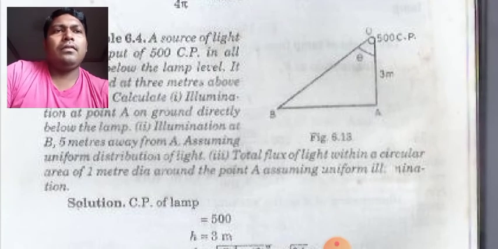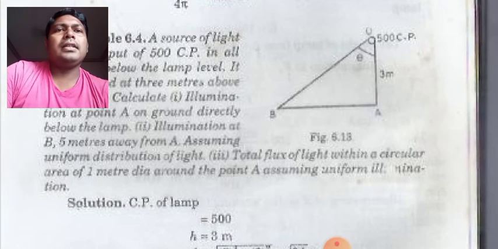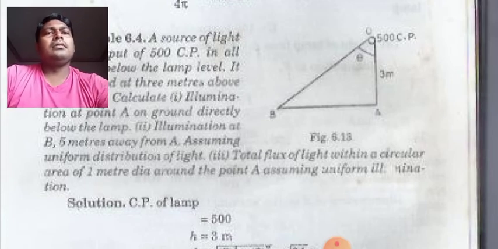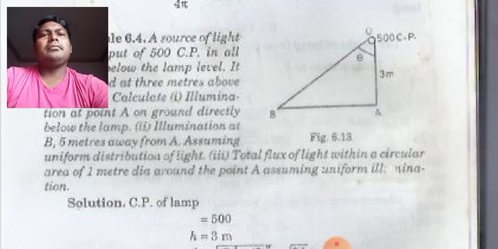Total flux of light within a circular area of 1 meter diameter around the point A, assuming uniform illumination. So if we assume uniform illumination, what will be the illumination at B?